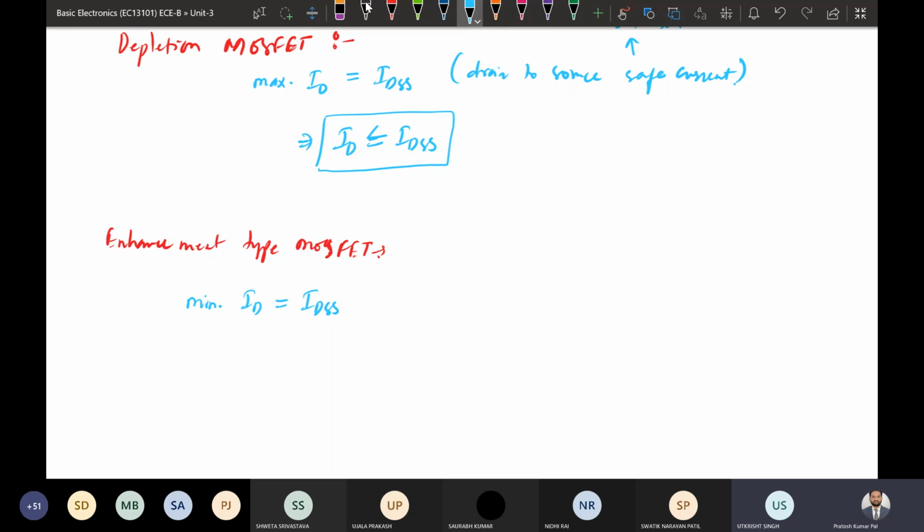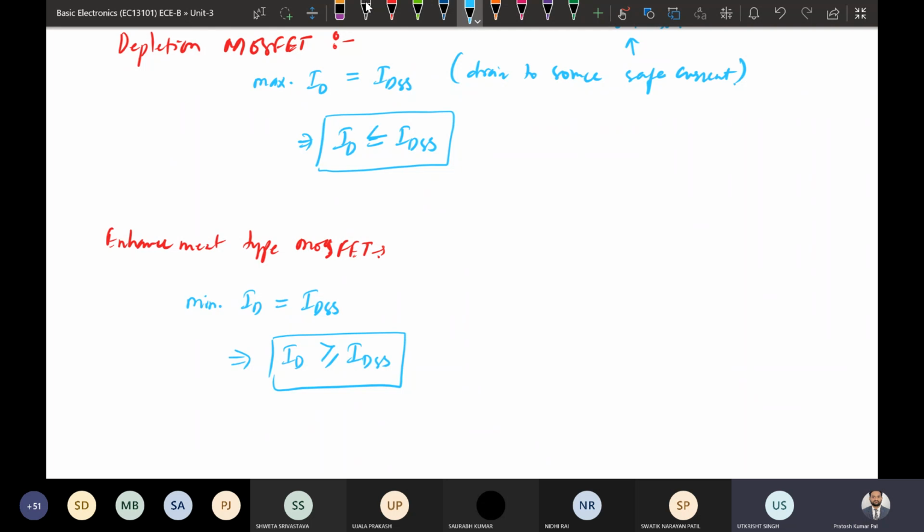This IDSS will be minimum in case of enhancement mode, and as we apply the gate to source voltage in the forward bias case, ID will be greater than IDSS. So it will be either equal to or greater than IDSS. Okay, this is the basic way we can differentiate between depletion mode and enhancement mode.